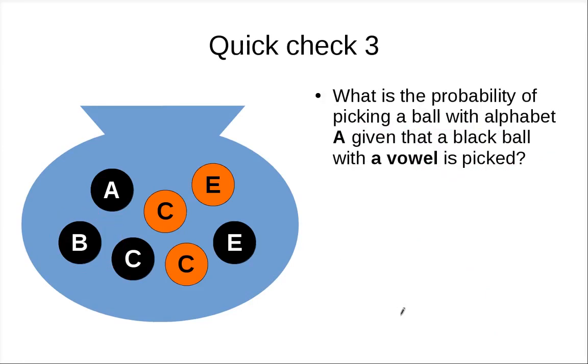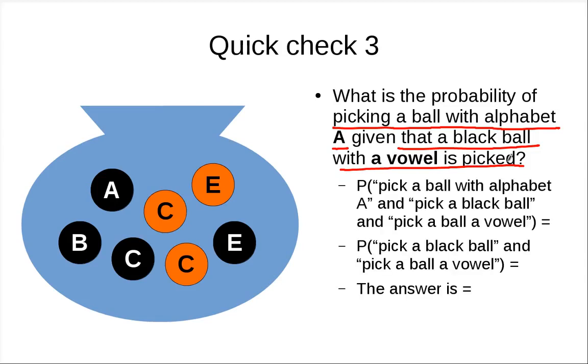What's the probability of picking a ball with alphabet A given that a black ball with a vowel is picked? Again, there are two events: picking a ball with alphabet A, and picking a black ball with a vowel.